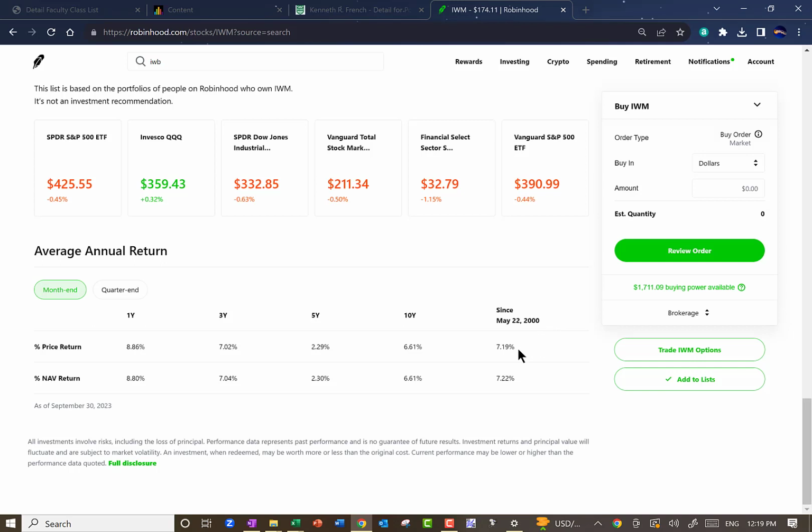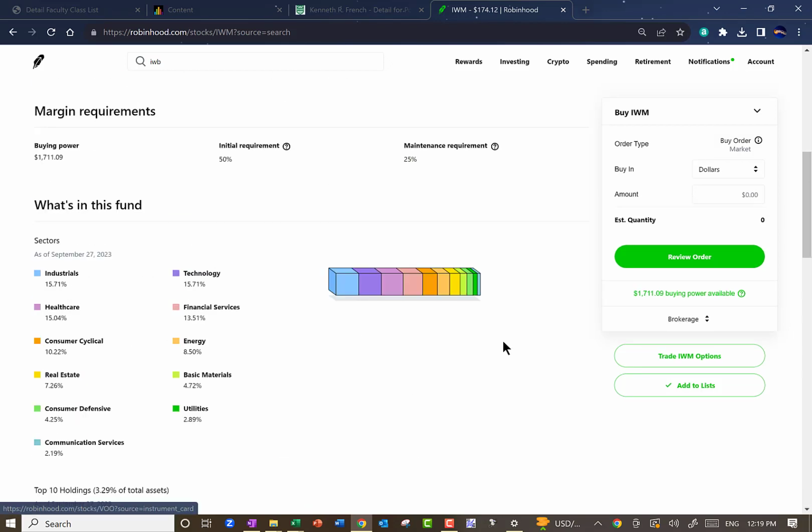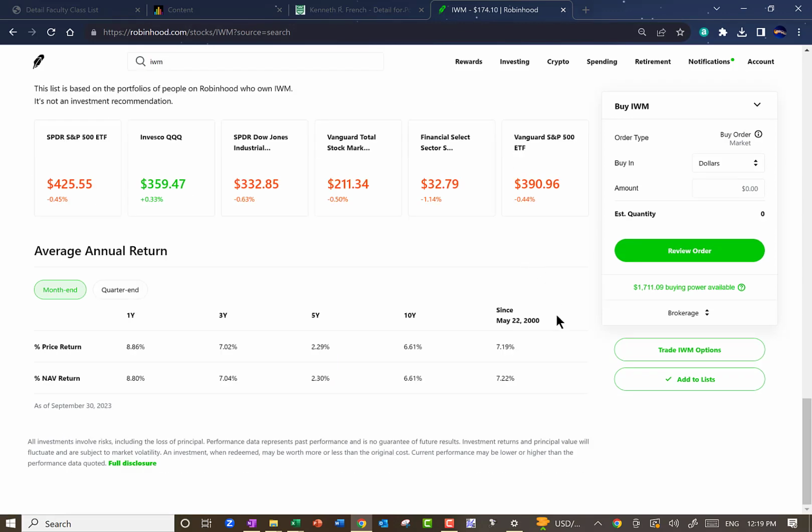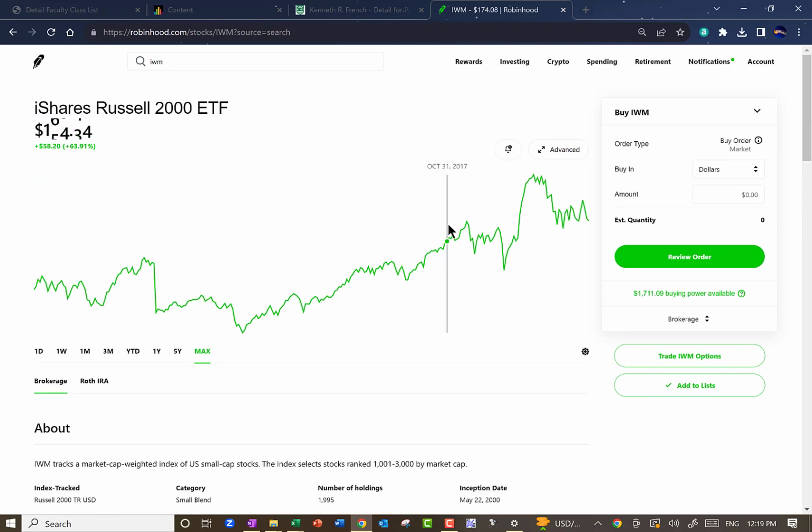Okay, since 2000, the annual average return is 7%. Okay, this is for the large companies. I don't think I got it yet.